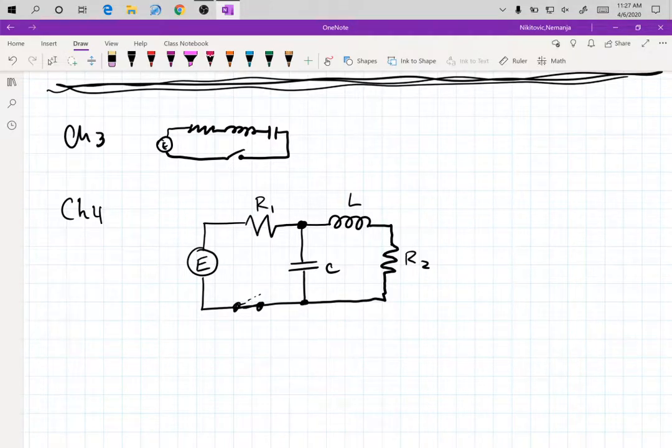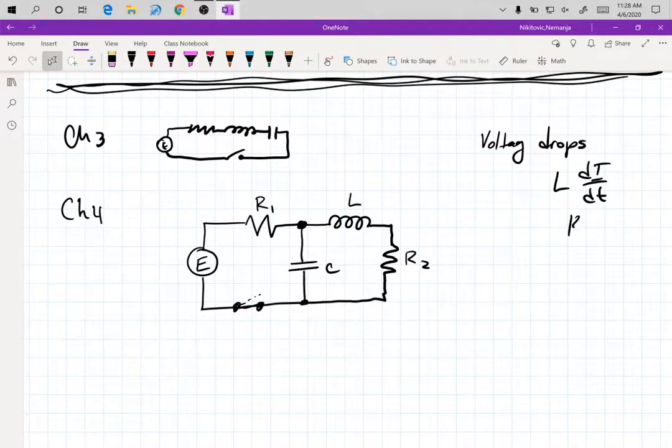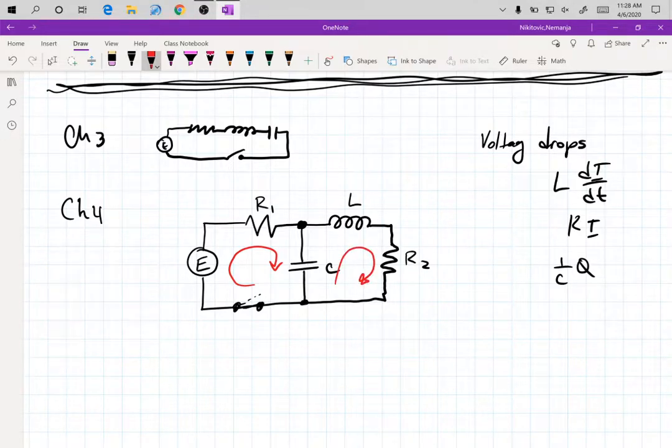If you remember, the voltage drops are given by L di/dt, Ri, and 1 over C times Q. We can write our loops going through. For those of you who did not have circuits and didn't take enough physics yet, writing these loops would be a little bit more difficult, and I actually have to teach that on the side.